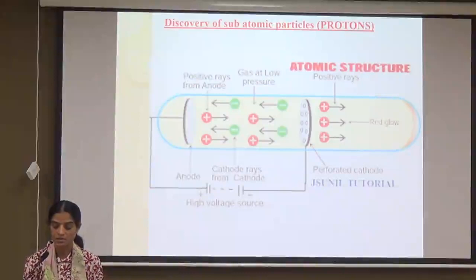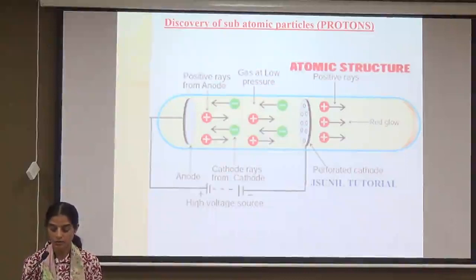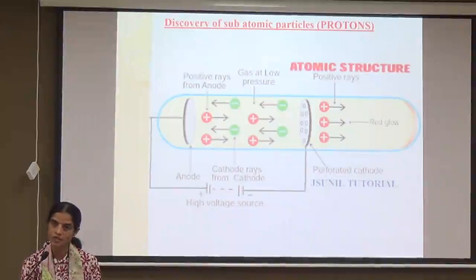In this discharge tube, you see the alteration. The cathode which we have used here is perforated, or has channels or holes in it, so that the positive rays from the anode can pass through it, and these positive rays which pass through are observed as a red glow behind the cathode.